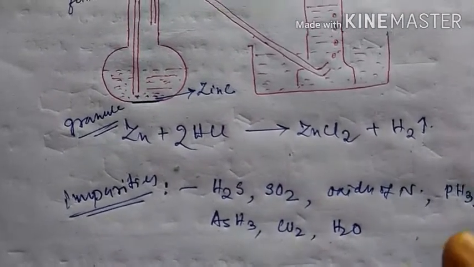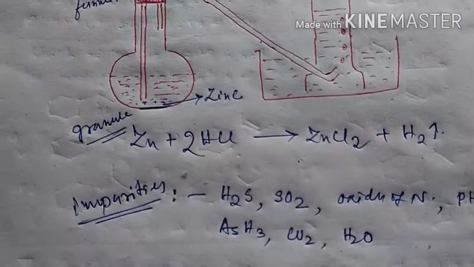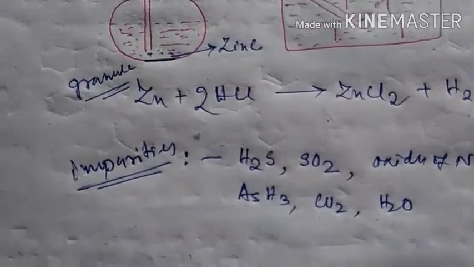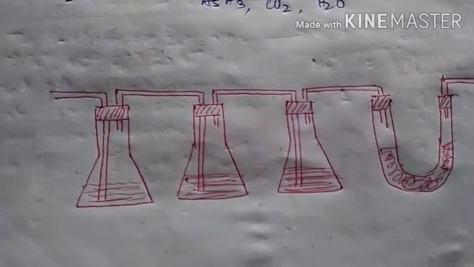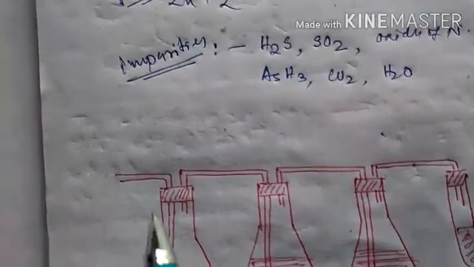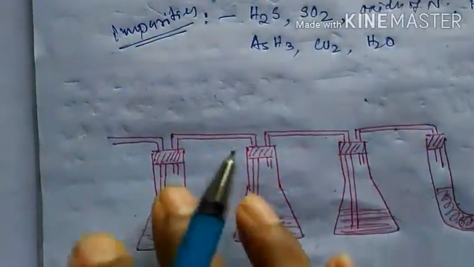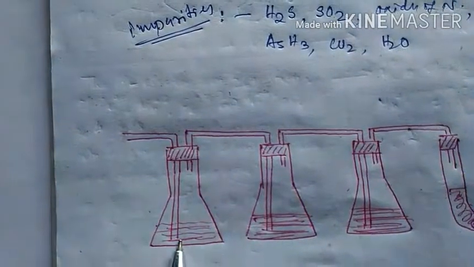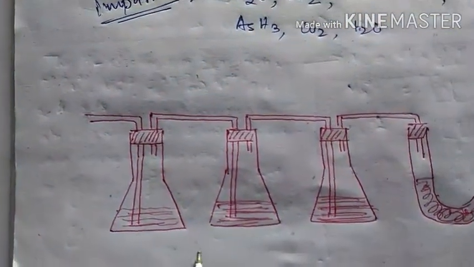Okay students, now how to remove these impurities? Now we are going to show you. I have already drawn it for you. You can see if impure hydrogen is passed through this system, there are several types of solutions taken.